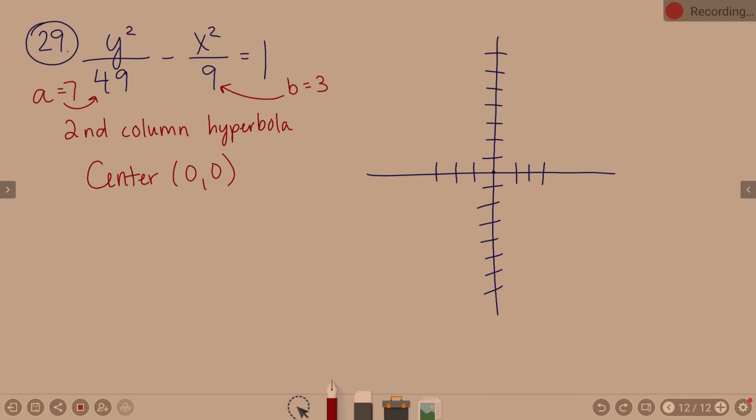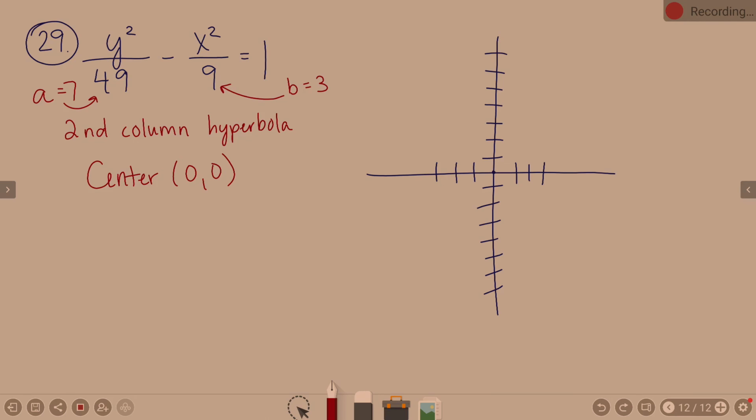My A is 7. From that center point, you're either counting left and right 7 or up and down 7. What does my 7 come from? Is it coming from the X or the Y? It's under the Y. Y coordinates go which way? Y's go up and down. So that means I'm going to count 7 up and down from my center.